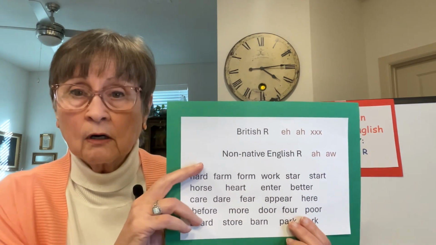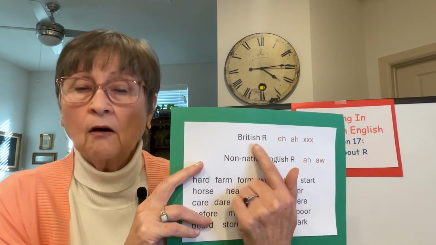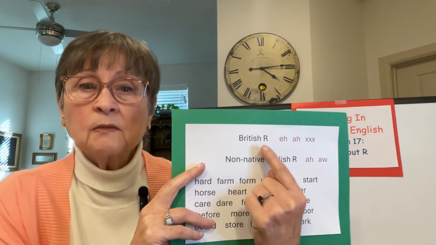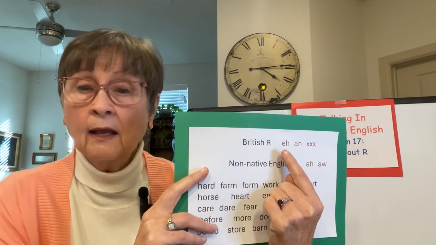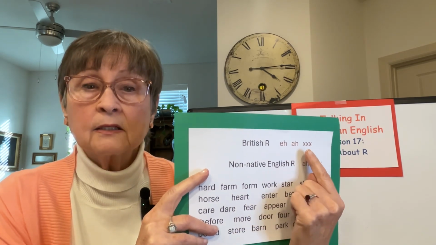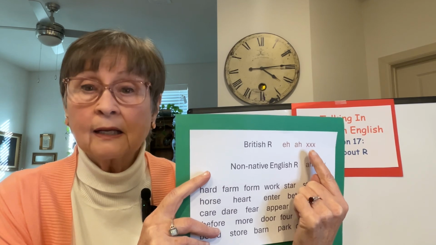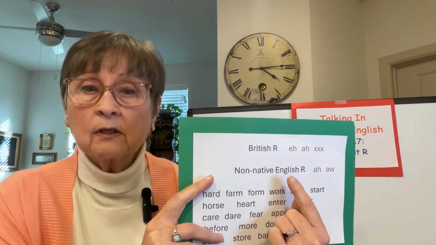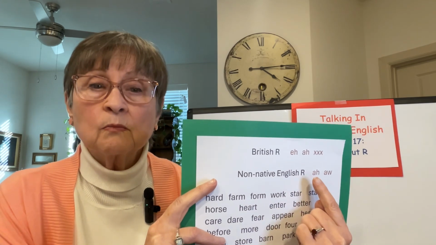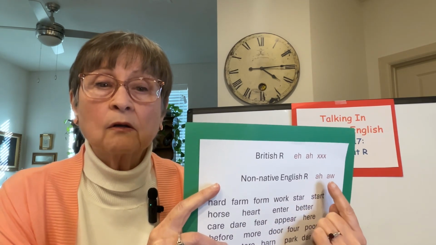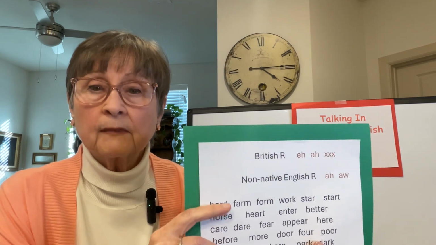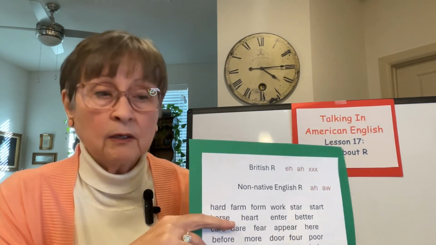The British R. In England, the R is pronounced differently from the way it is in the United States. In some words it doesn't sound like anything. For non-native English speakers, sometimes the R also gets more of an uh sound or an aw sound that is different from the way we say it in America.